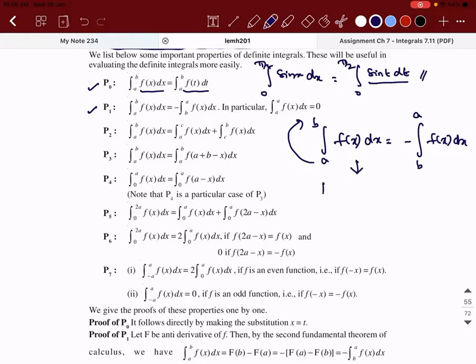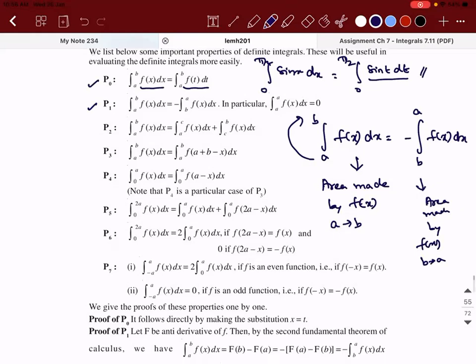This will give you the area made by f of x when you calculate it from a to b. This will give you the area made by f of x when you calculate from b to a. Okay, the proof is very simple.